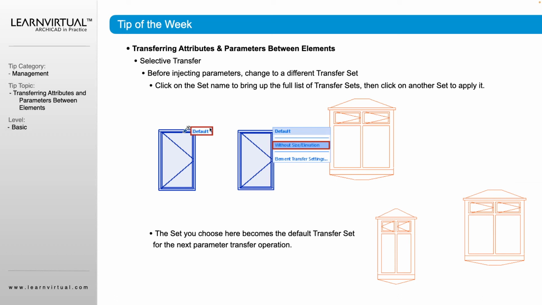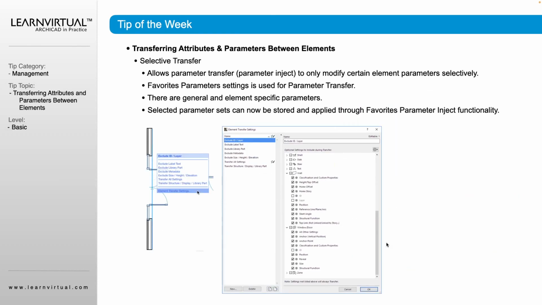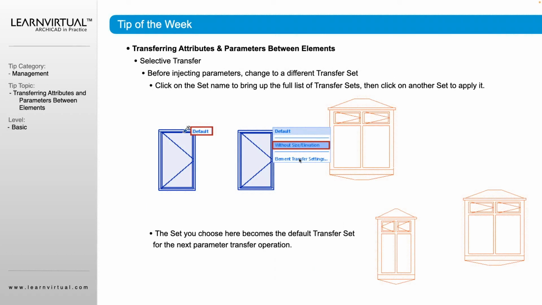By clicking our default option here, you're going to get the list that we had just seen before. Okay, you're going to get this list right here. All right, and then you'd select what you want, and those things are transferred the way you have them specified to be.